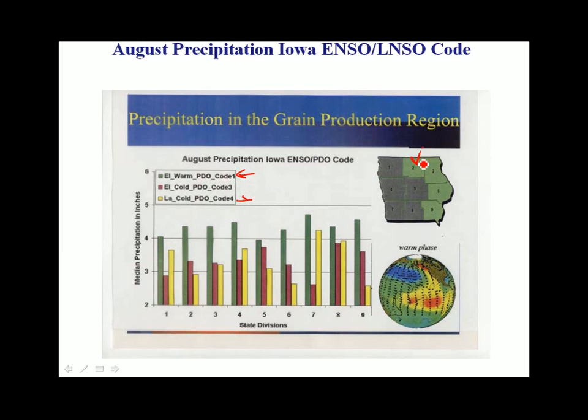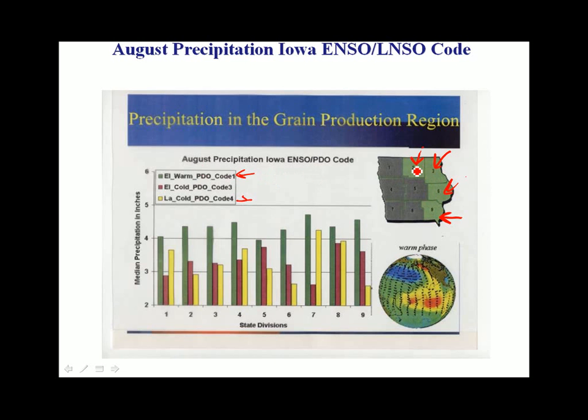However, if you see here in green, divisions 2, 3, 6, and 9, I ran statistical analysis on these median precipitation and found statistically significant differences in the eastern portion of Iowa for August precipitation for these different periods.